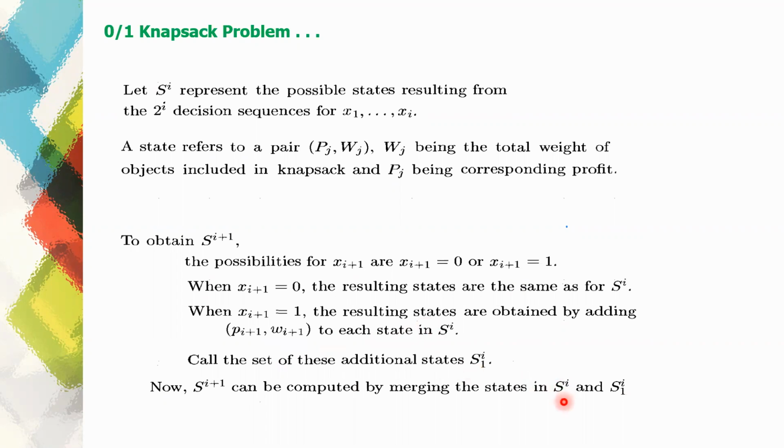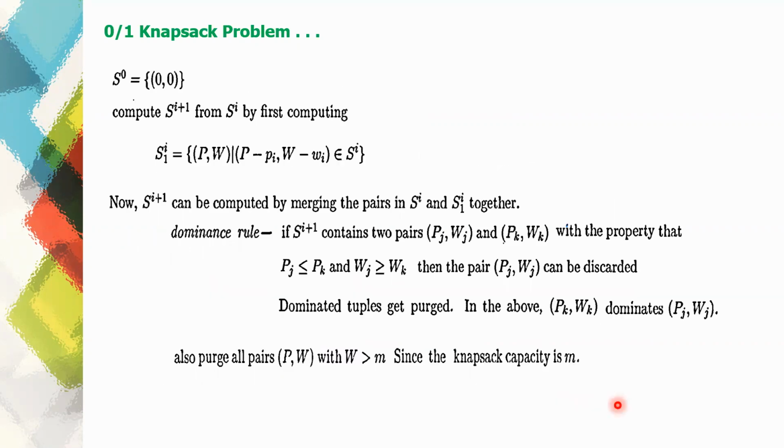and further you are going to perform merging and purging on Si and Si+1. After merging is done, you have to perform purging. Purging has two rules. The first rule is that you are going to remove all the members from the set whose weight is greater than the maximum capacity of the knapsack.